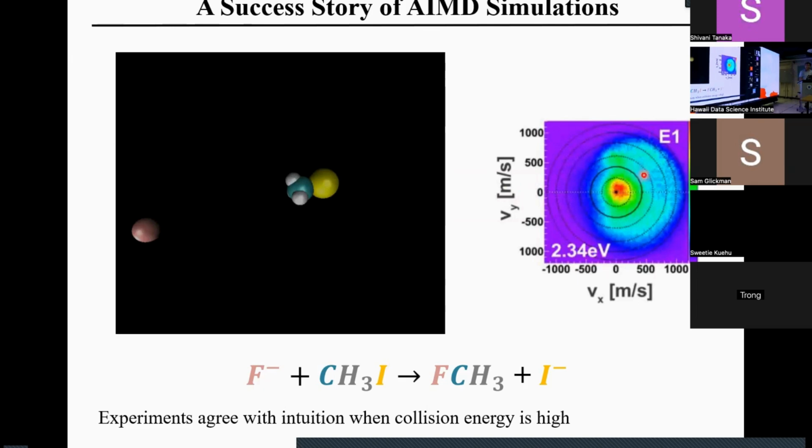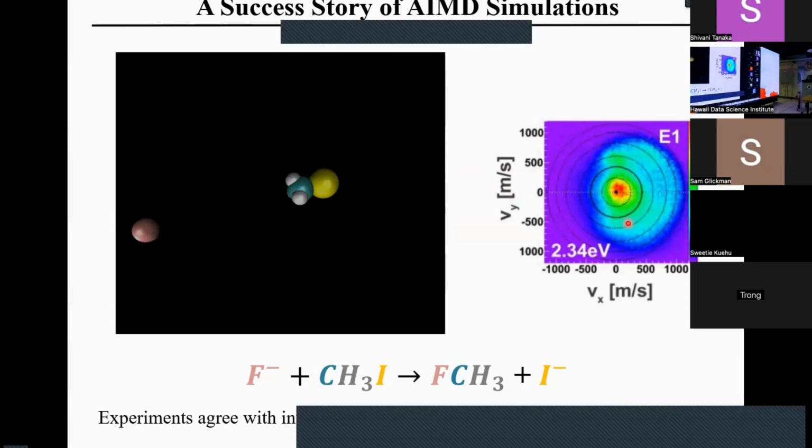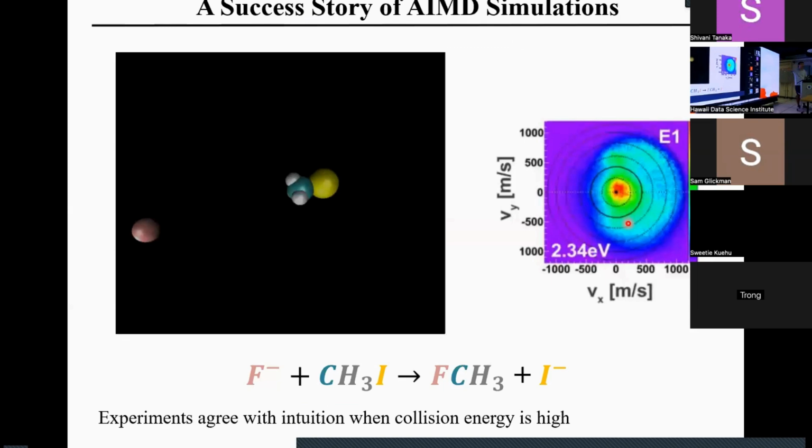The color tells you the direction of the leaving charged group. Since most of them are on the right-hand side of the CH3 group, this is a pretty typical forward scattering, exactly what we would expect from the traditional understanding of the chemical reaction.